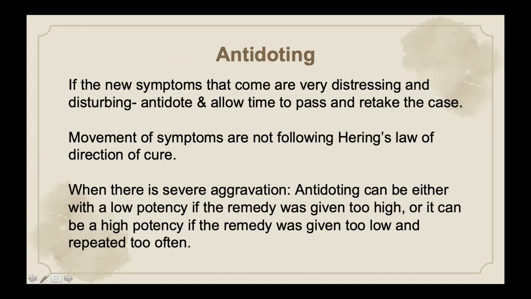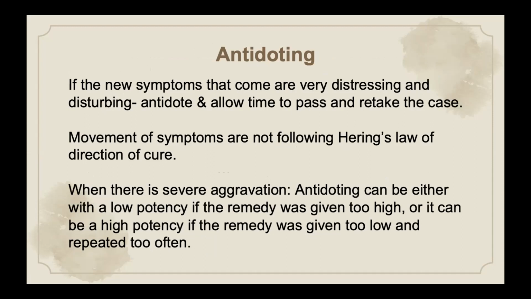Antidoting, and that's a really important thing. And we spoke about that in Ken's. That's when Ken's observations are really useful, because this is when the movement of symptoms are going just the wrong way, or the patient is too distressed, or you see that their mental and emotional state is aggravated. And in this situation, if you know that their mental emotional state is aggravated, or their internal organs are being affected, antidote.